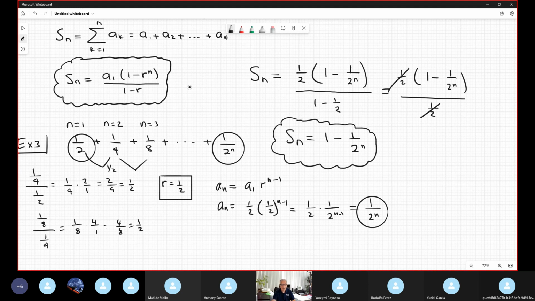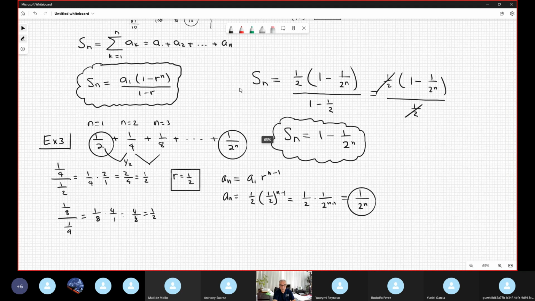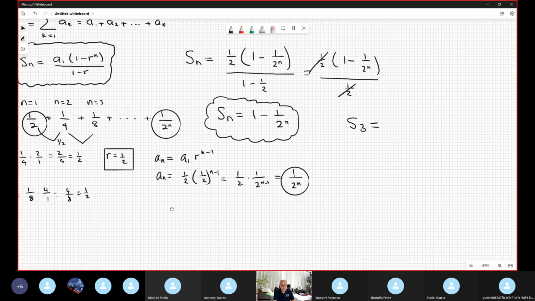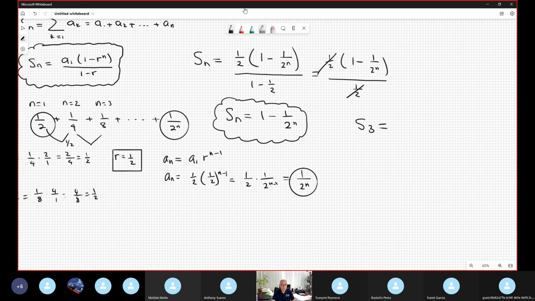Let me try another example for verification, to see that this formula is good. Suppose I want to add the first 3 elements in this sequence. Well, you can do it by hand, 1/2 plus 1/4 plus 1/8. Or using the formula, S3 is 1 minus 1 over 2 to the third power. 2 to the third power is 8.